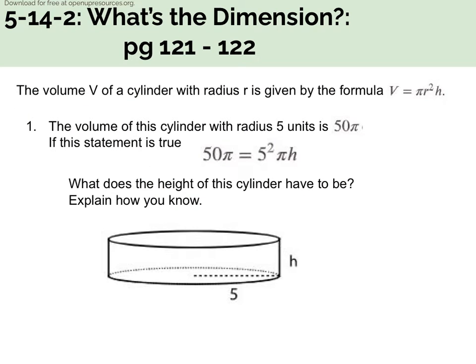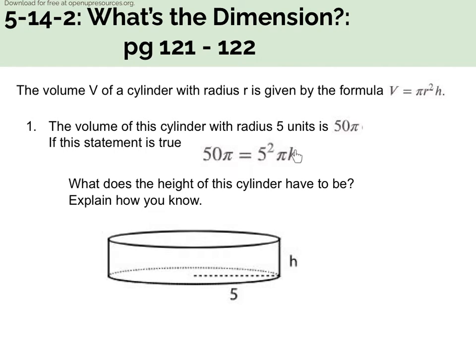All right, let's look at pages 121 through 122, and we are going to be given some information and finding some other stuff. Remember, our volume is pi times radius squared times height. That is for a cylinder because it's the area of the base multiplied by the height. They say our area is 50 pi, and our radius is 5, so we have 5 squared pi, and we're trying to figure out this height.